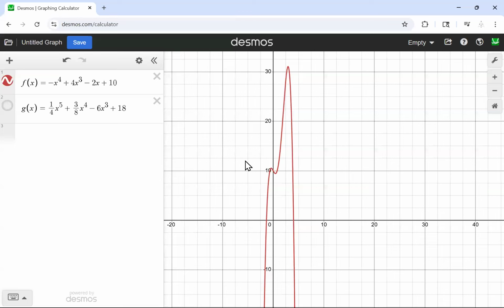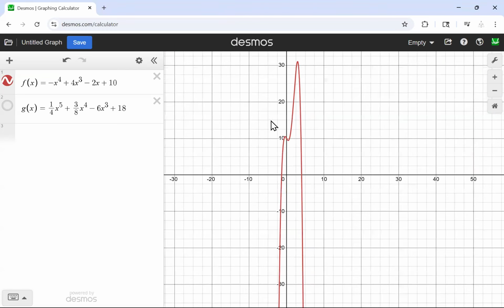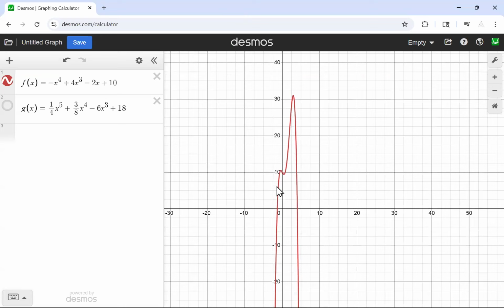And just so you see that that is true, in these cases, I have graphed both of these. The f of x, as you can see, if you move towards the right and towards the left, we're going to negative infinity, shooting down there. But in the middle, it does this weird thing where it has a little hump here, goes back down, goes up, another hump, and goes back down.